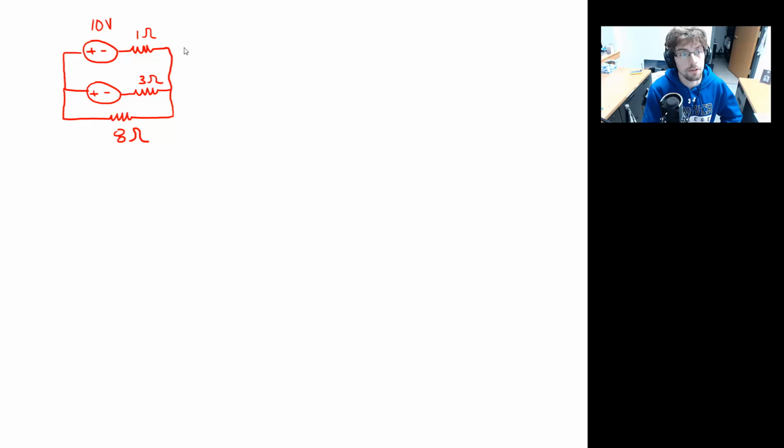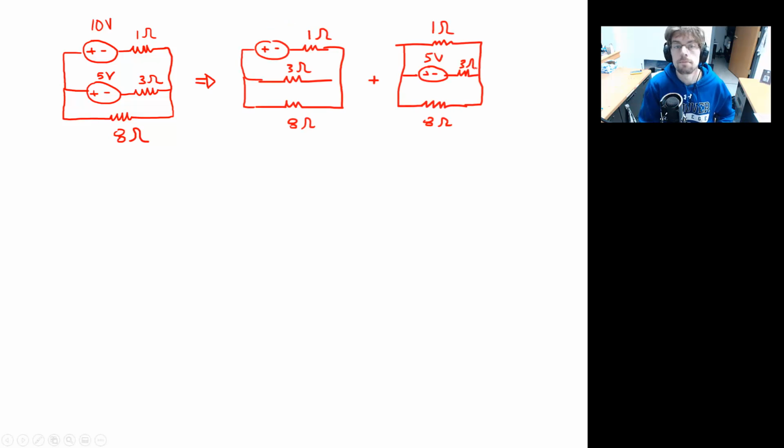First off, we see that we have two independent sources, this one being 5 volts. So we are going to model this circuit as two individual circuits with single sources, so we have to solve those two equations. Go ahead, take a minute, solve the circuit.